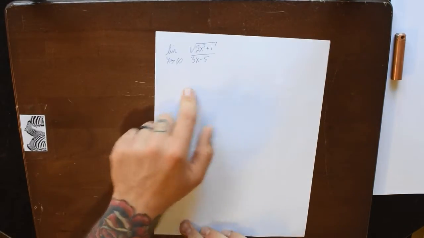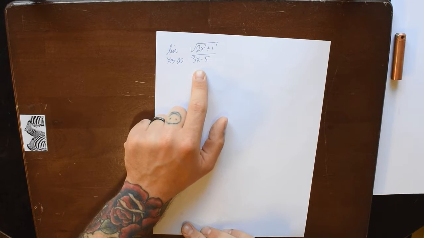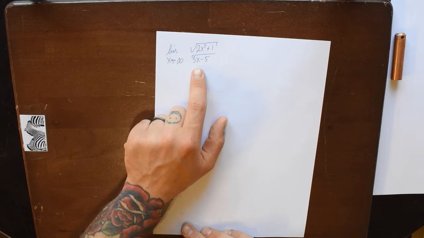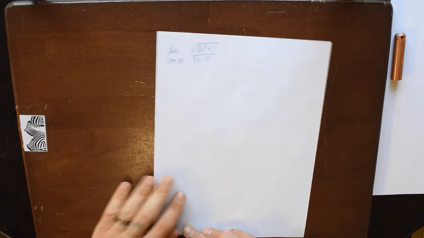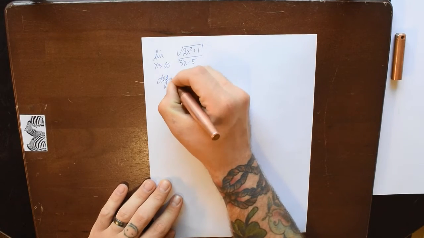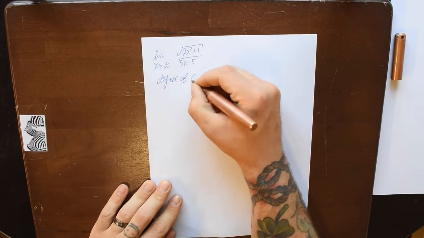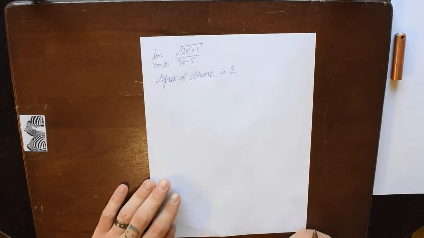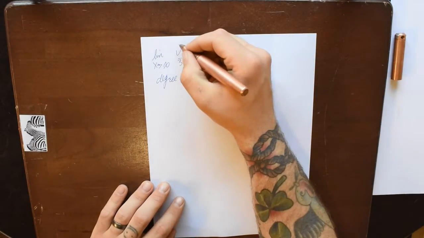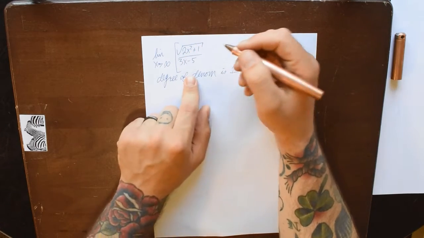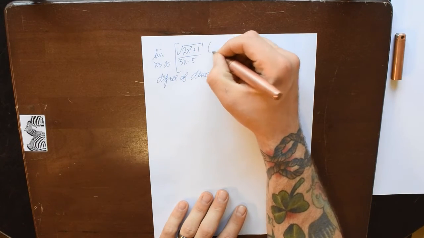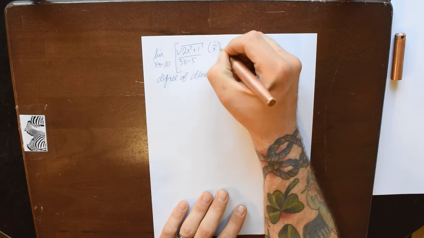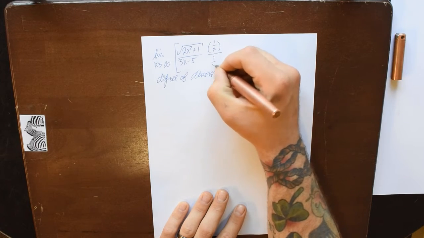So once again, we look at the degree of the denominator. The degree of the denominator is 1. So that means we're going to take this fraction and multiply top and bottom by 1 over x.